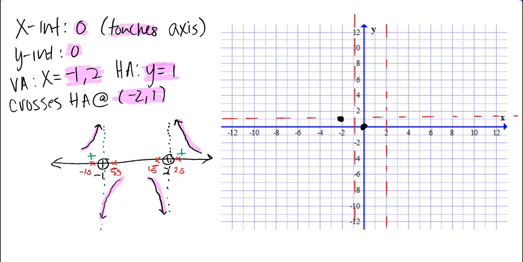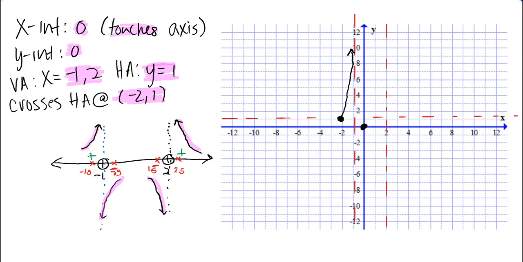And then using my end behavior, I'll start at that point -2, 1, and I know I should be approaching the vertical asymptote going towards infinity on the left of -1, that vertical asymptote.